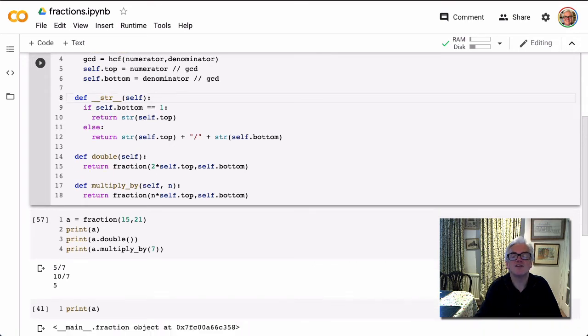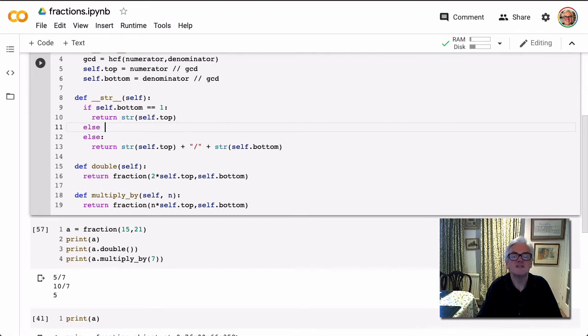The first one's working fine. Else if self.top is greater than self.bottom, then what do we return?